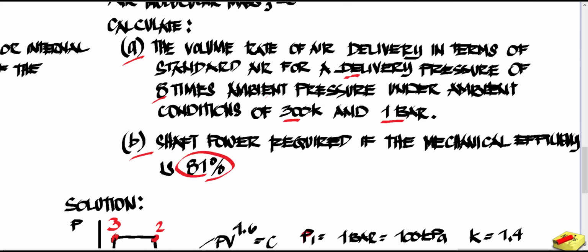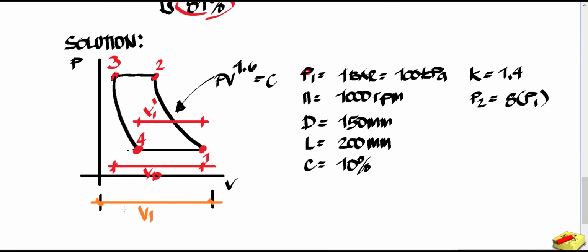Now, remembering that in our PV diagram, this is our V1 starting from here, starting from your 0 of volume, then going to V1 to 0.1. Now, our volume displaced is starting from 3 to 0.1. Then our V1 prime will be from 0.4 to 0.1.